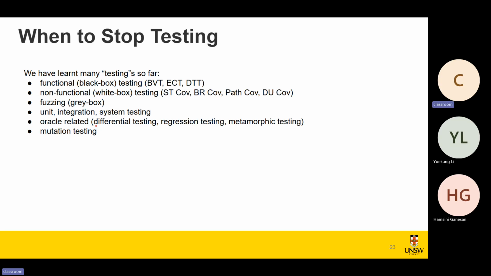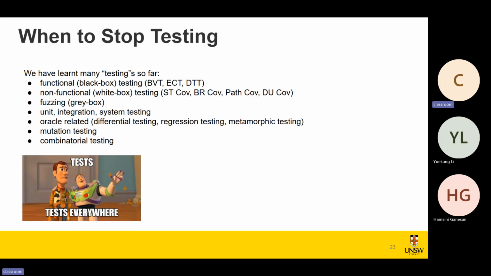And then we learned mutation testing. Although it is called testing, it is actually a technique to evaluate other testing techniques. And just now we learned one more, combinatorial testing.